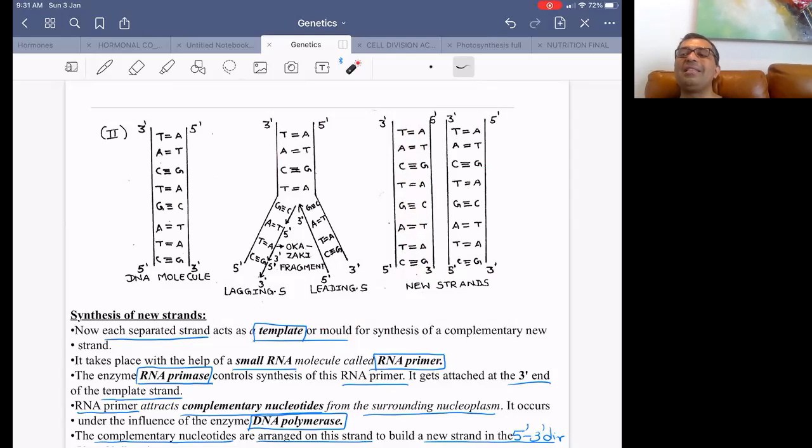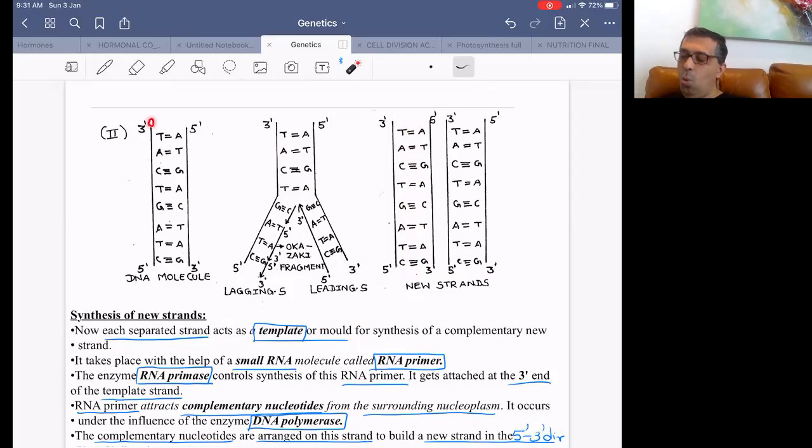The two DNA strands come close to each other. Hydrogen bonds are established between the complementary nitrogen bases, and the two DNA strands become continuous and start coiling around each other. So coiling starts.